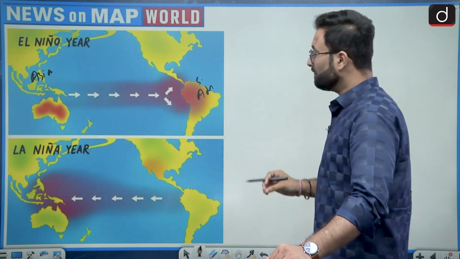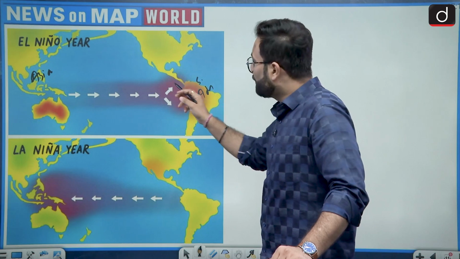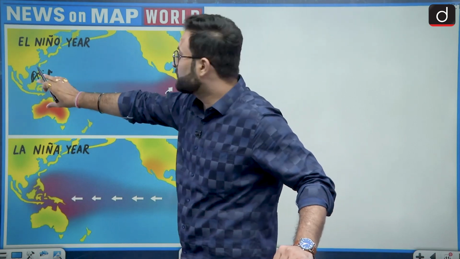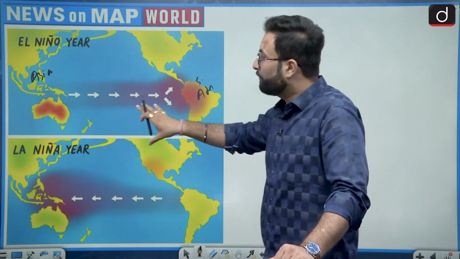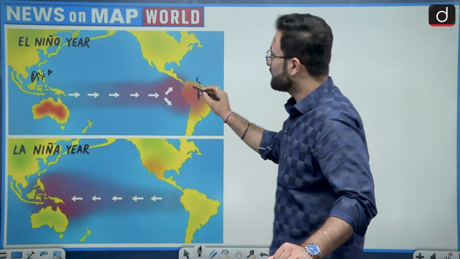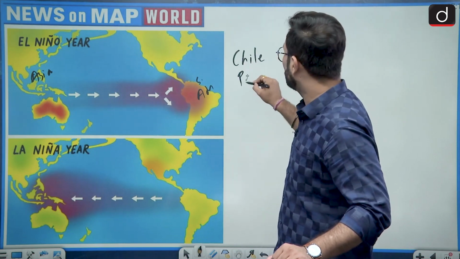Now when you are talking about Central America or the South American part, during this particular time of El Nino, winds will be coming from Asia to South America, and from there they will take the moisture, or you can say the heat, and they will move towards these particular areas of Chile and Peru.